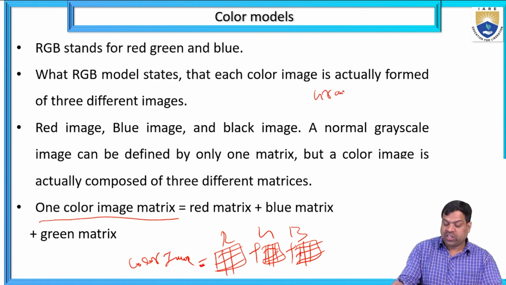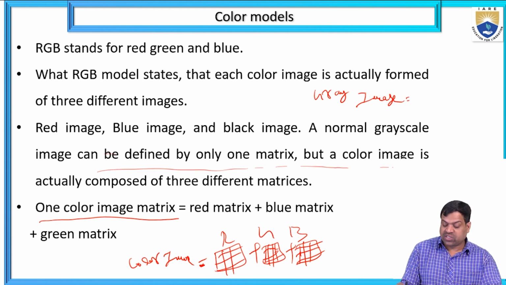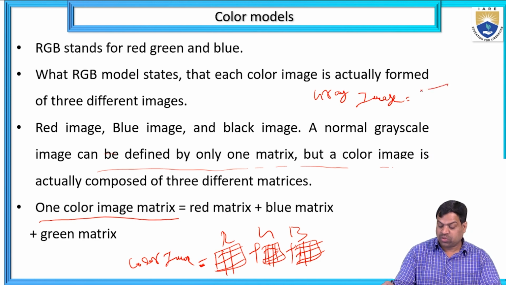When I'm going for a normal grayscale image, it can be defined as one matrix, a combination of black and white.